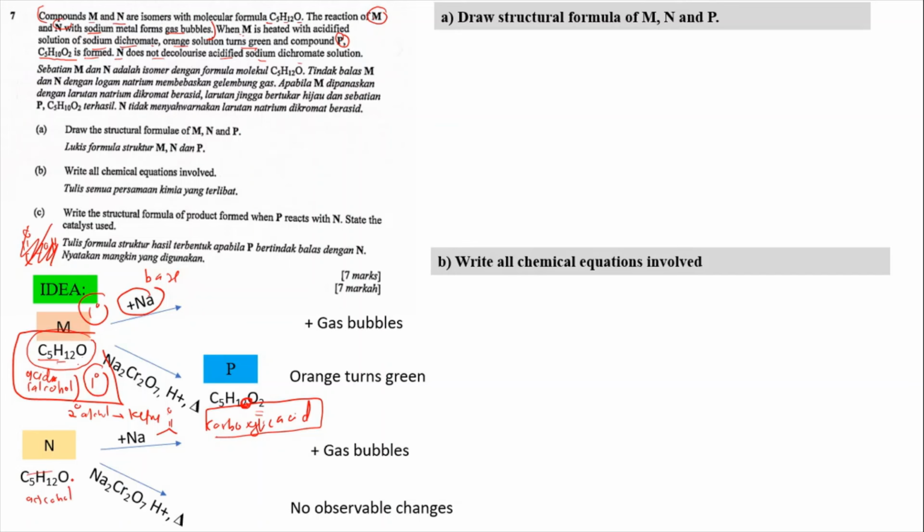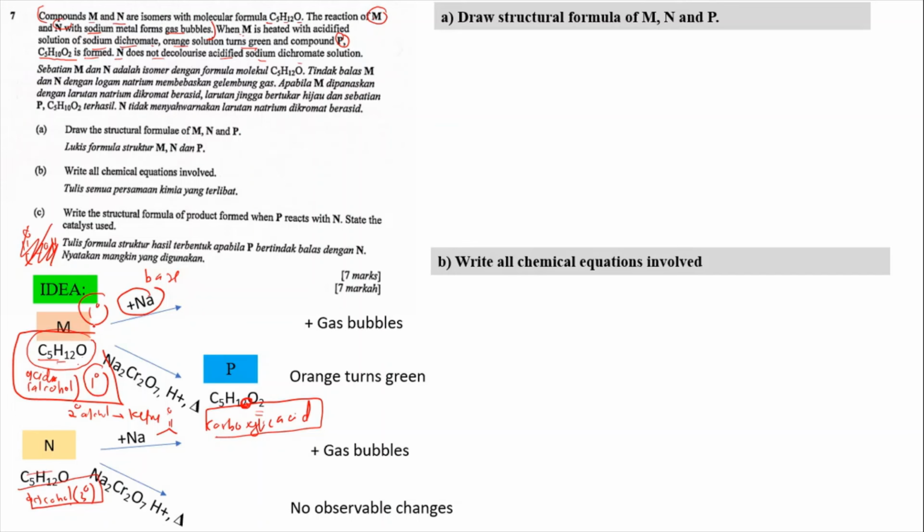The one that cannot be oxidized is a tertiary alcohol because it does not have any hydrogen to be oxidized. So M is going to be primary, and N is going to be a tertiary alcohol.